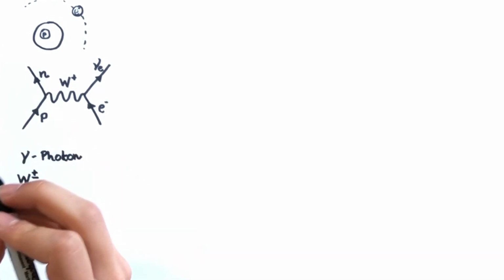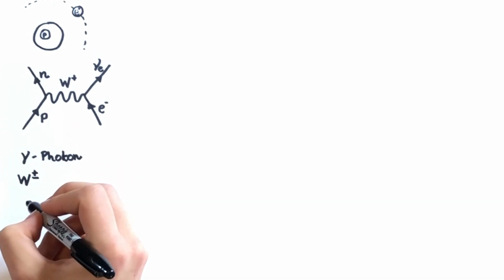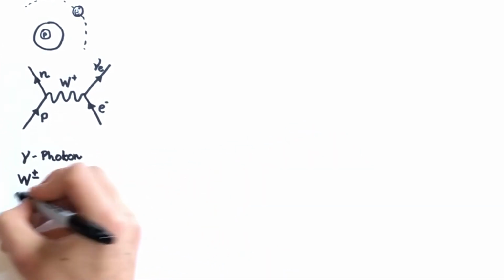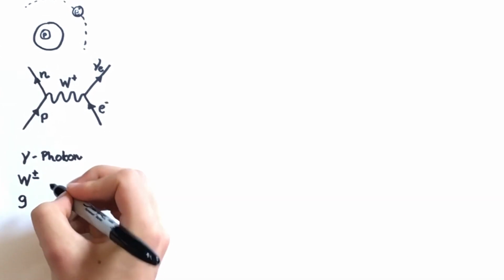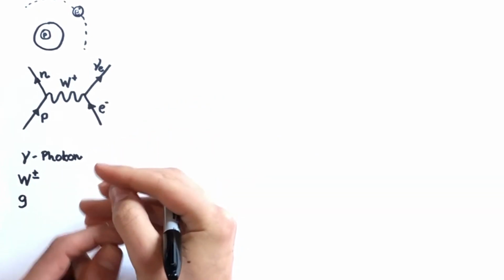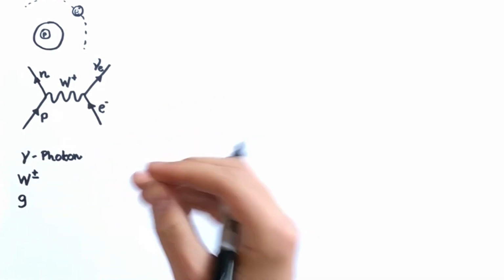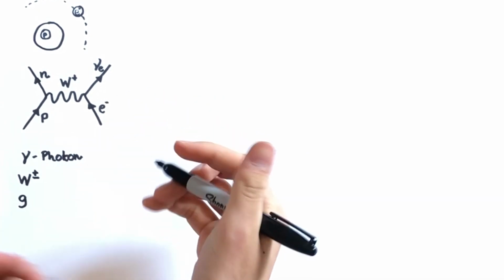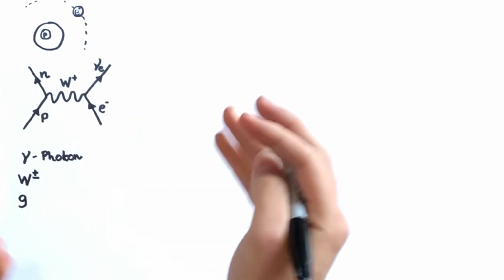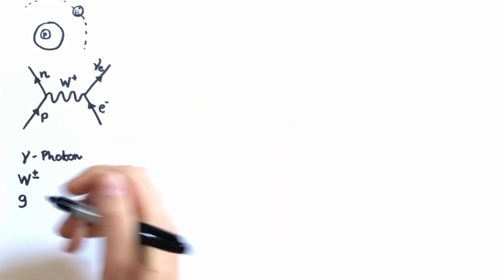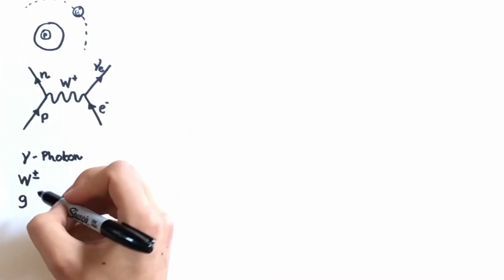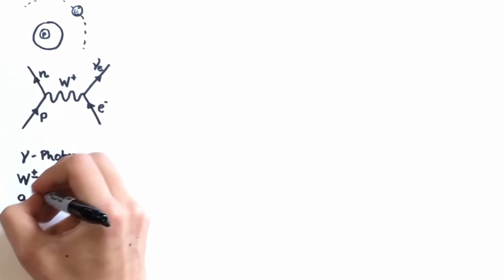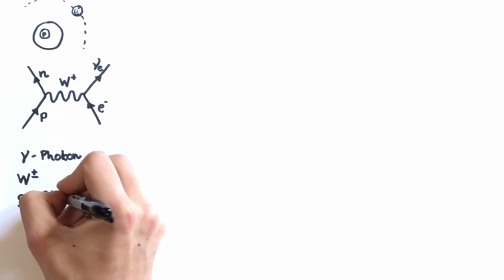Now, as for the strong nuclear force, that also has its own particle, which is called the gluon, and that's normally given the symbol G. That's the exchange particle that's responsible for binding the nucleus together. We said how the strong nuclear force was the one that bound the nucleus together. Well, the exchange particle which is responsible for that is the gluon.